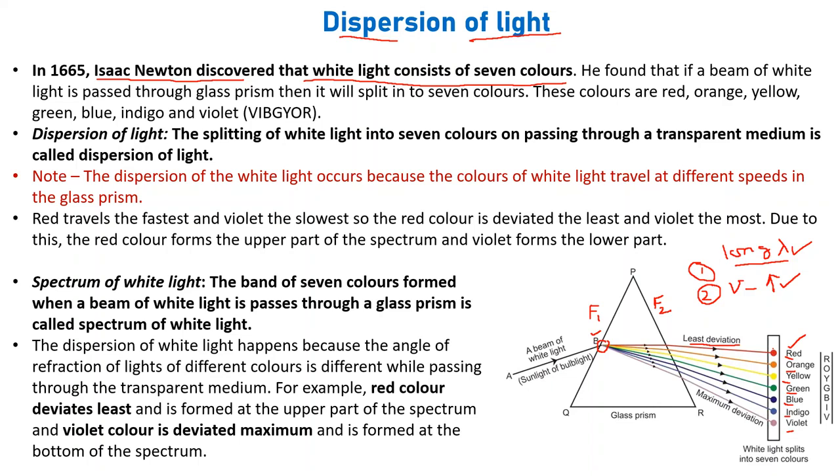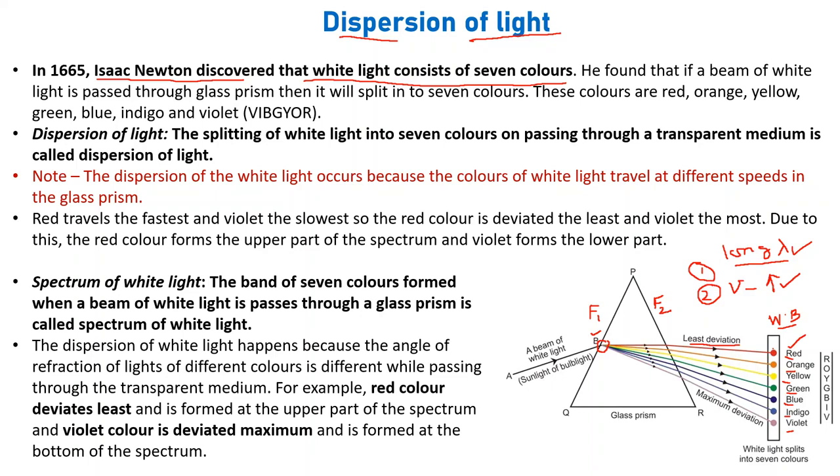So here, if I place a whiteboard, WB, over here, I can see the 7 different colors coming out from the white light after the dispersion. So two processes are taking place here. At B, dispersion is taking place.